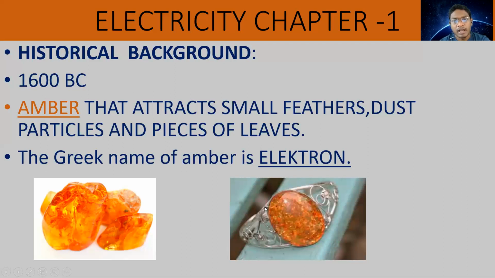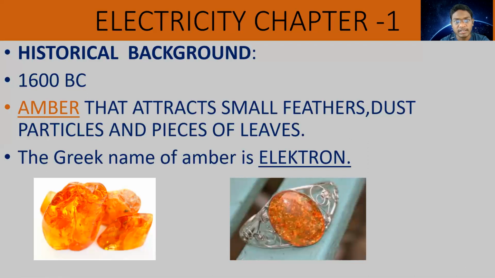Ring. What is important about this substance is that it was seen to attract feather pieces, dust particles, and pieces of leaves. This attracting property was later attributed to charge. The reason found was that it is because of the charge on the amber that it could attract these things.